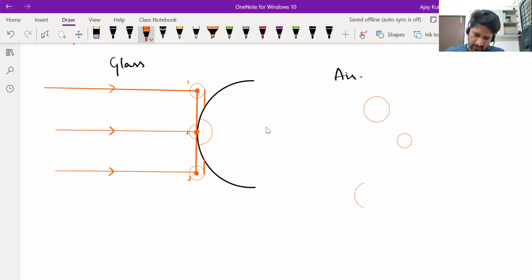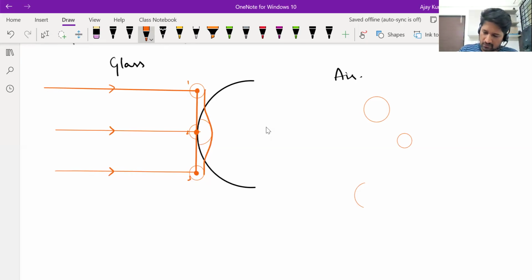But inside, it would have curved like this. I just drew one wavelet inside. If you consider other wavelets also, you can understand why it curves like that. Now imagine this light continuing to move forward.